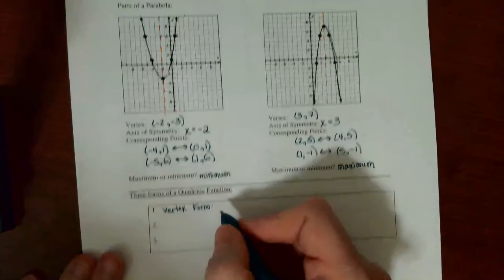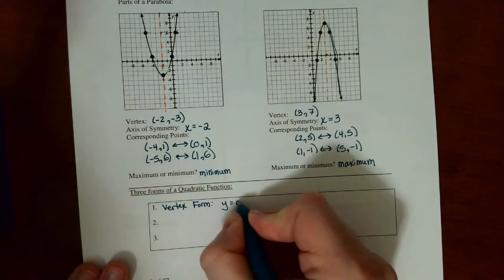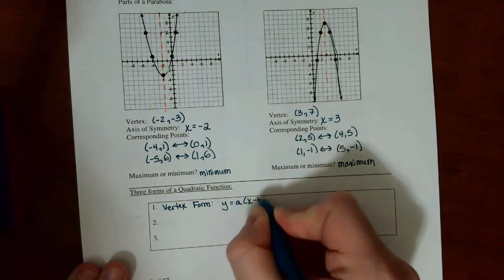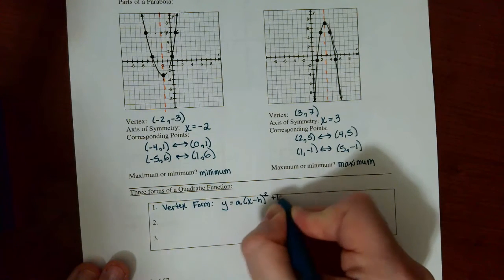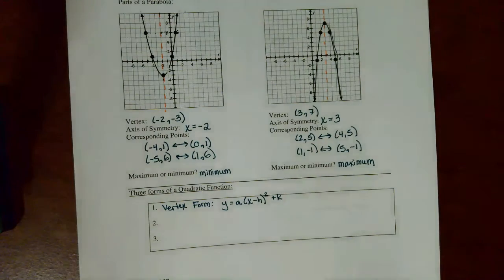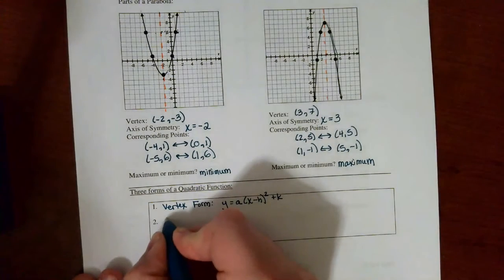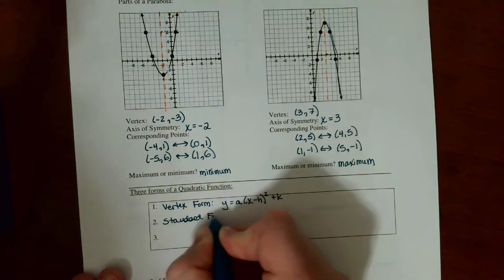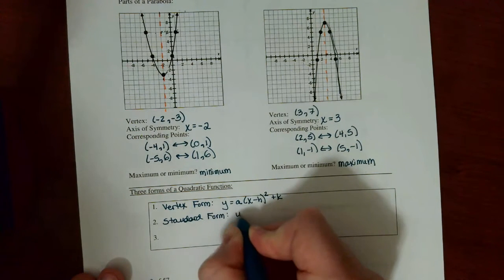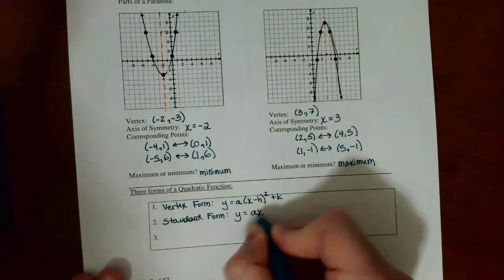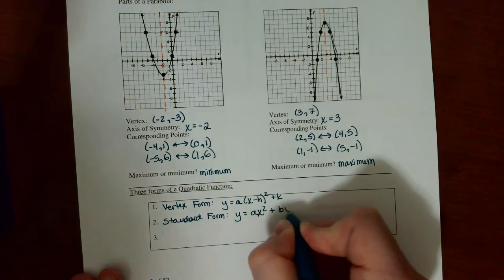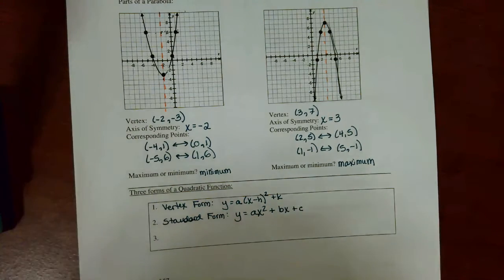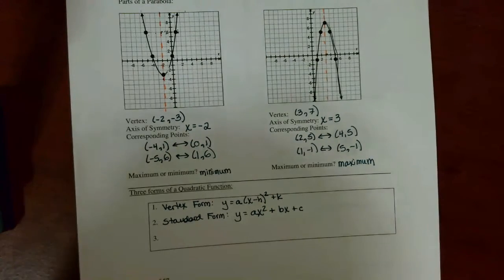Vertex form for a parabola looks like y equals a times x minus h squared plus k. And today we'll spend time going into all the details of what exactly the a, the h, the k mean. Right now, let's just get this copied down. Second form is called standard form. Standard form for a parabola is y equals ax squared plus, could also be minus, I'm just going to say plus, kind of accounts for both of them, plus bx plus c.